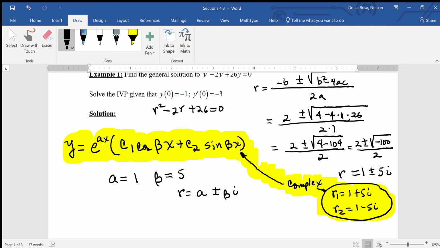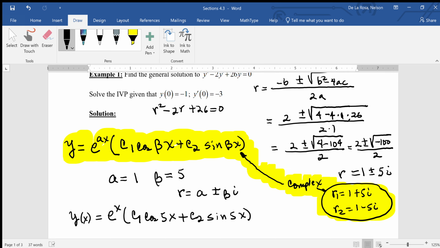So our general solution takes this form: y of x equals e to 1x times c1 cosine of 5x plus c2 sine of 5x.